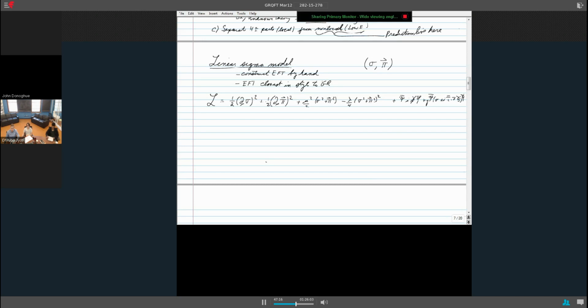The potential is plus mu²/2 (sigma² + pi²), and then minus lambda/4 (sigma² + pi²)². So it's invariant that way.